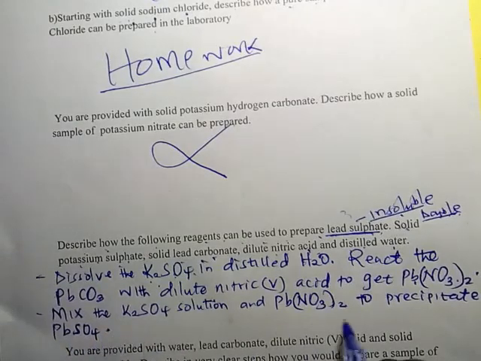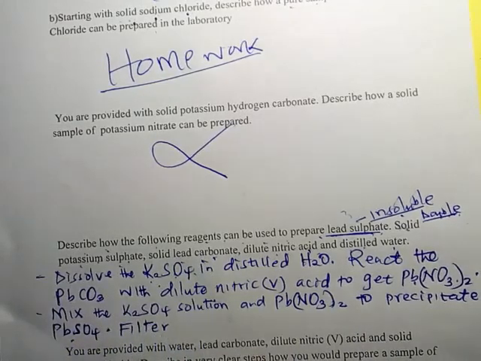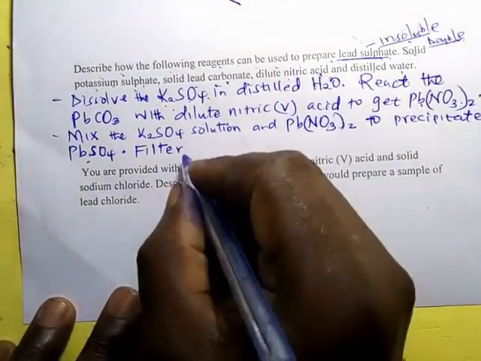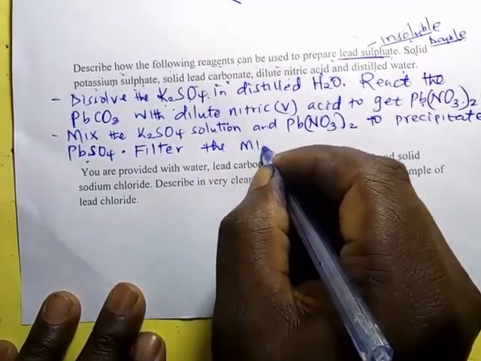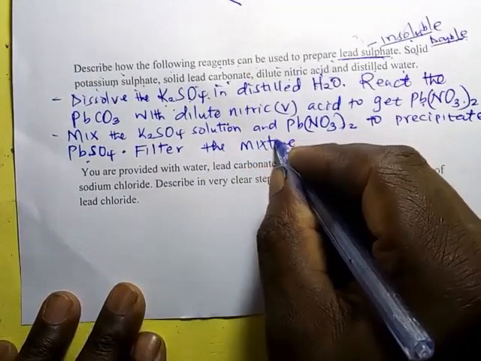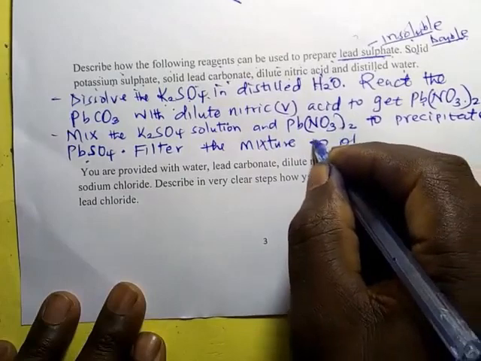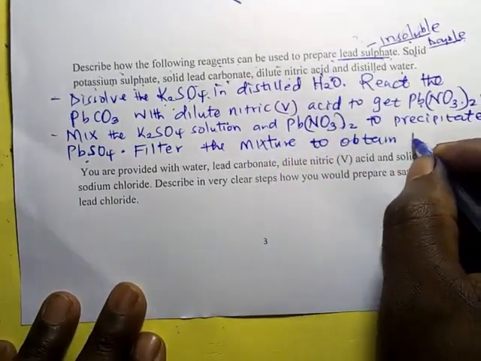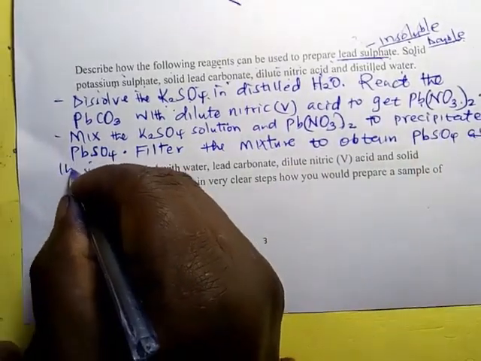The next one now, since we have formed lead sulfate, which is an insoluble salt, we filter. Filter the mixture to obtain lead sulfate as the residue.